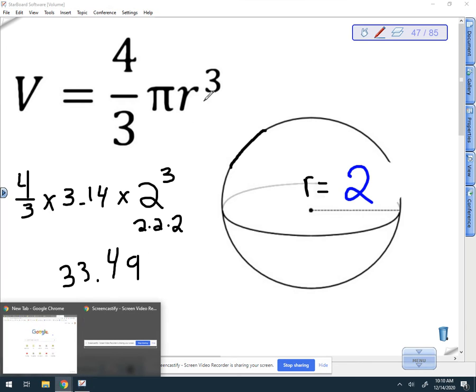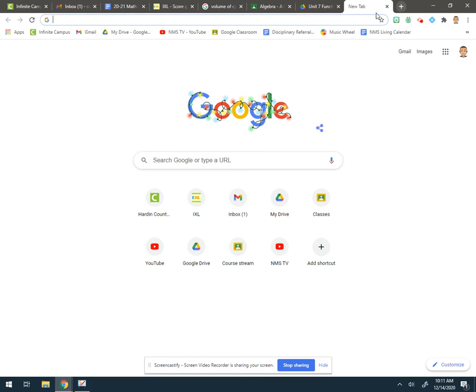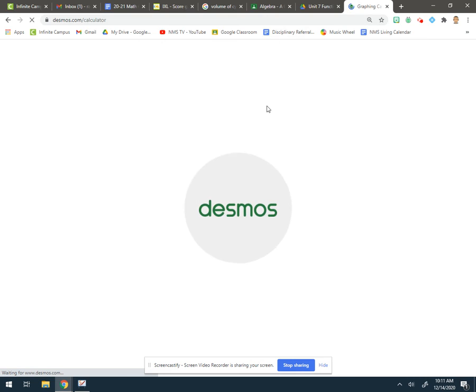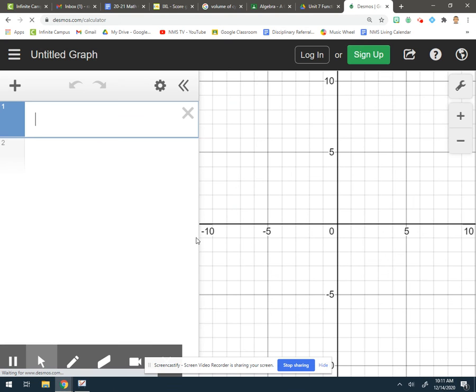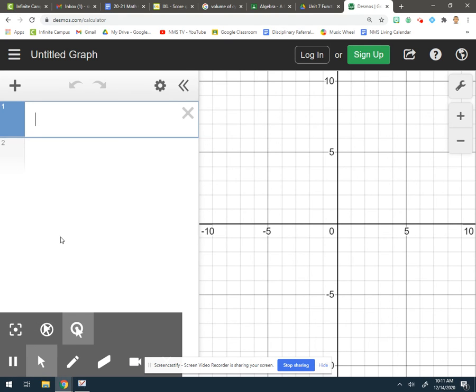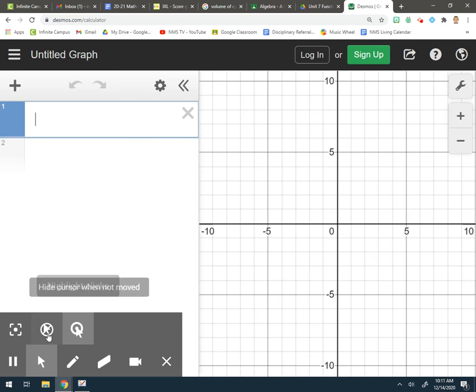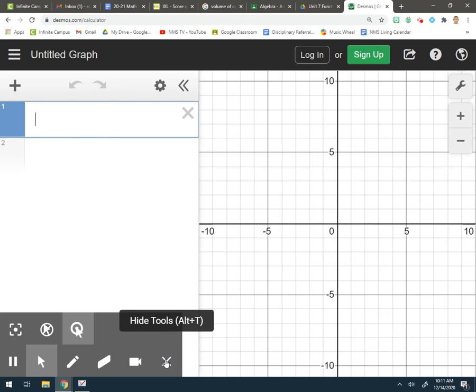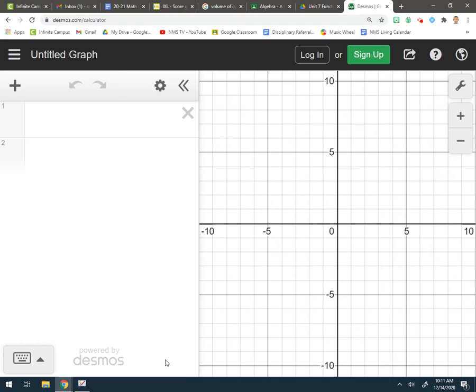If I pull up Desmos and we look at that, let's say you can't get it to work on any other calculators. Well, we use Desmos in class, so we've gone over how to use this. Let's say we wanted to use this to put it in there.